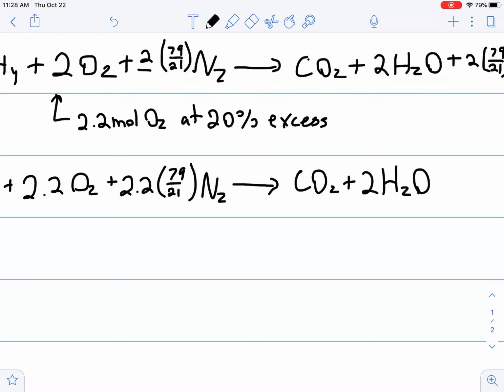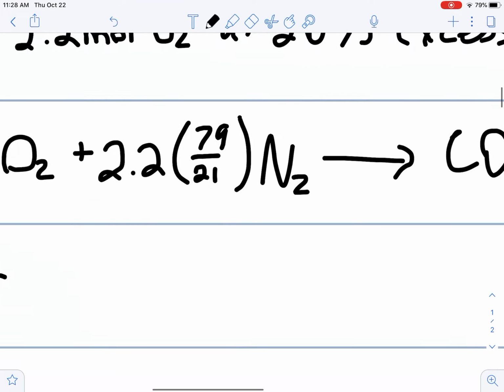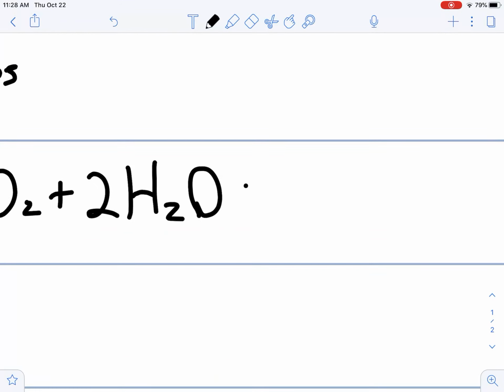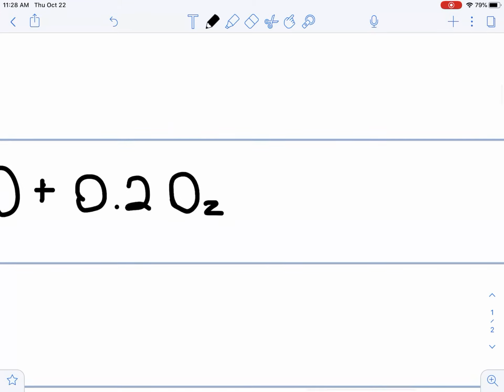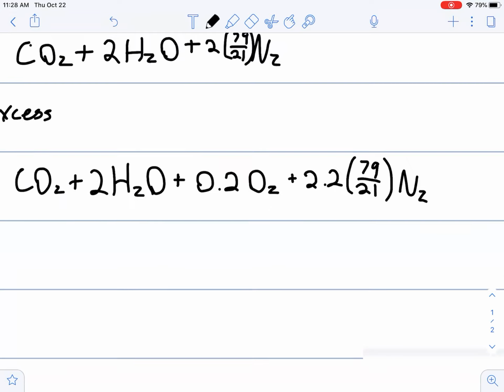And just like that, we used up 2 moles of oxygen in that reaction. So what we're left with is 2.2, what we started with, minus the 2.0 that we used, and we get 0.2 moles left. So in our product side, we have plus 0.2 oxygen, and then all of the nitrogen that came with it, plus 2.2 times the ratio 79/21 N2.